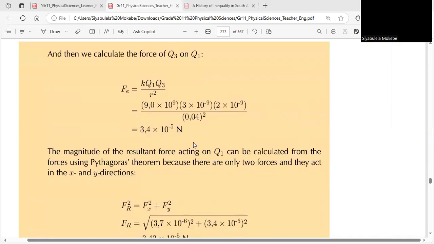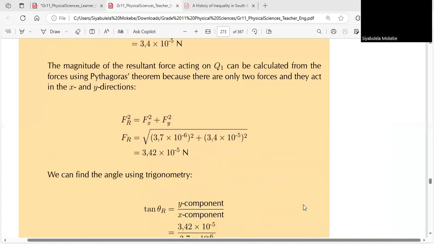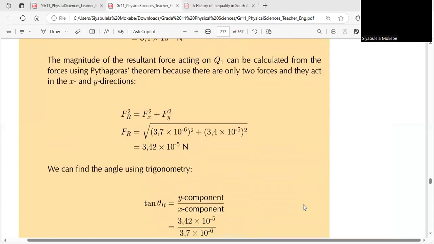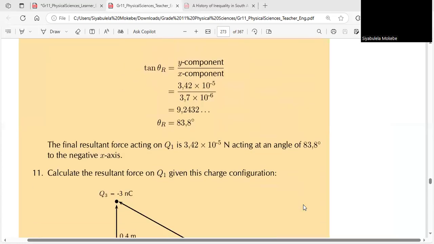Then the magnitude of the resultant force acting on Q1 can be calculated from the forces using Pythagoras theorem, because there are only two forces and they act in the x and y direction. We can find the angle using trig, right? Then your angle should be 83.3.